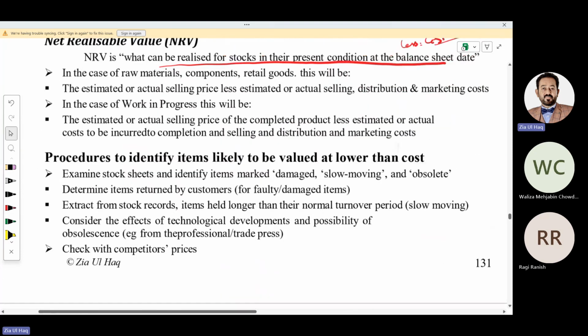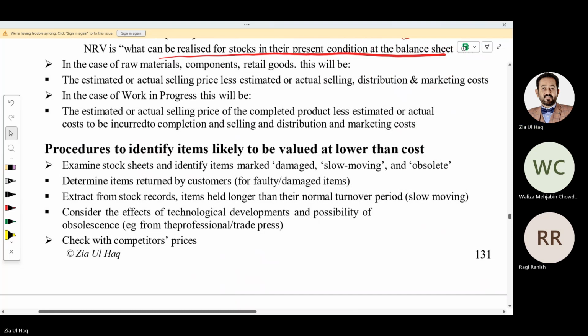Now we are moving towards how to verify NRV of the units. First procedure, we need to identify items marked as damaged, slow moving and obsolete. From where can you identify how many units are damaged or obsolete? From count sheets. So examine count sheets and identify items marked slow moving, damaged and obsolete.